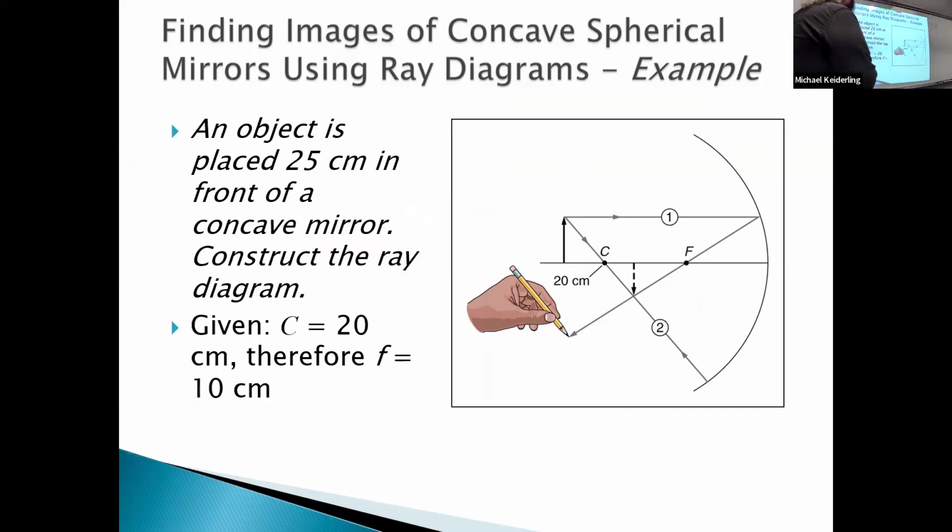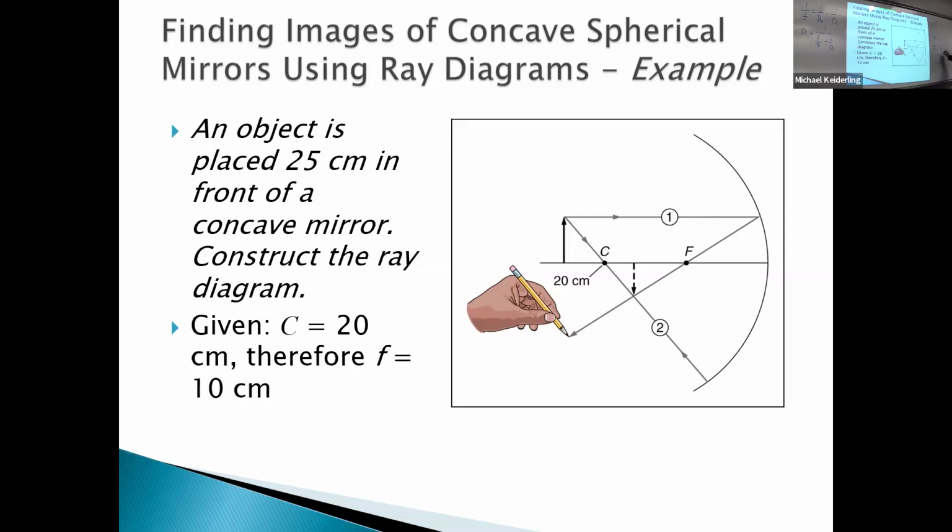Then you can work out, 1 over 10 centimeters equals 1 over 25 centimeters plus 1 over distance to the image. 1 over 10 centimeters minus 1 over 25 centimeters is, so this is 5 over 50, this is 2 over 50, so 3 over 50 per centimeter.